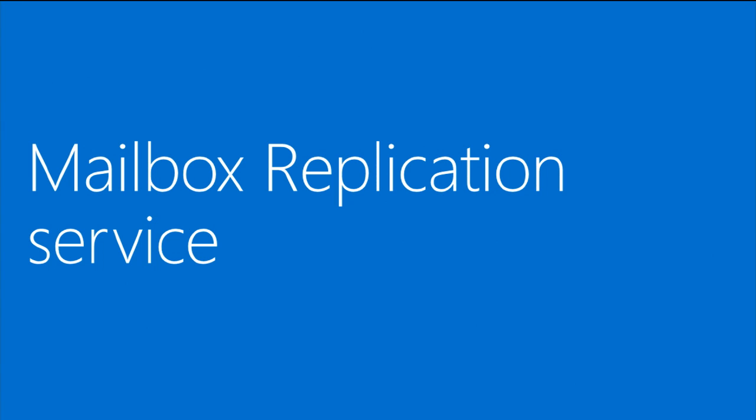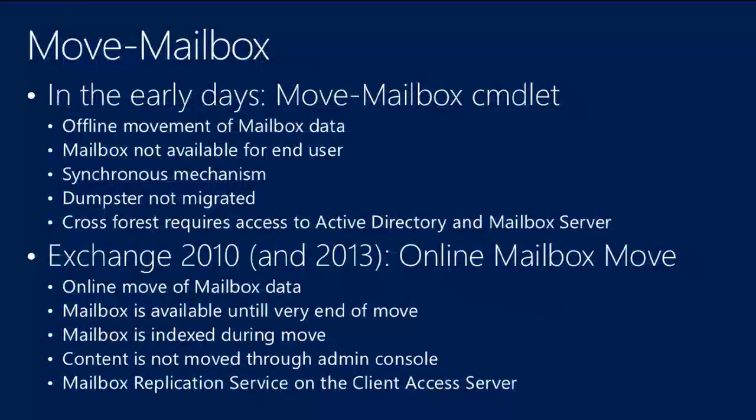So we set up Outlook Anywhere, and now we want to get that mailbox over to the new system. That's where Mailbox Replication Service comes into play. When we came to 2007, we had PowerShell introduced, and we had the move mailbox command.